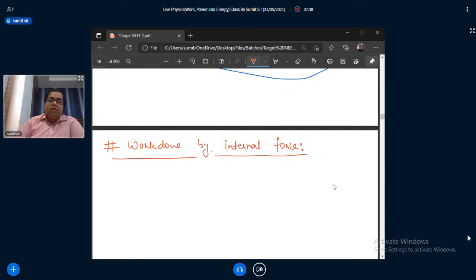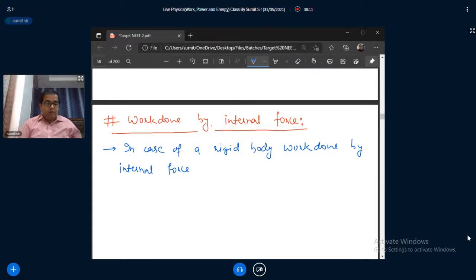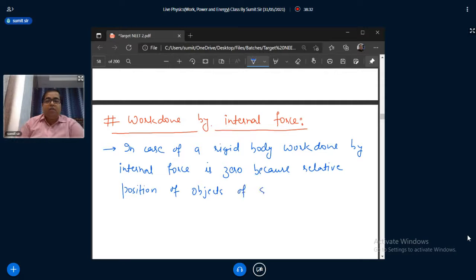Okay, so the concept is that in case of a rigid body, work done by internal force is zero, because the relative position of objects of the system doesn't change.